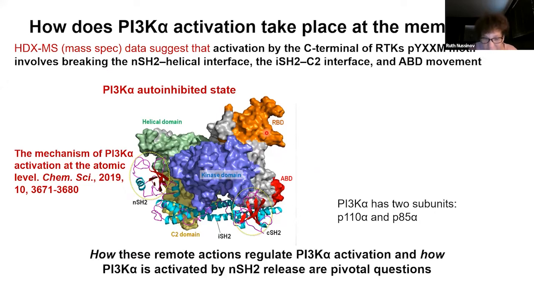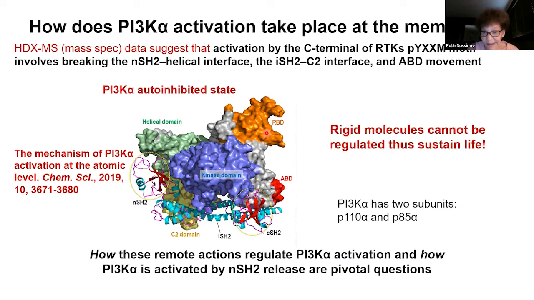However, how these remote actions regulate the PI3K activation, and how PI3K is activated by the nSH2 release are pivotal questions that, looking at this, we are not able to understand. And we know rigid molecules cannot be regulated. Consequently, they cannot sustain life.